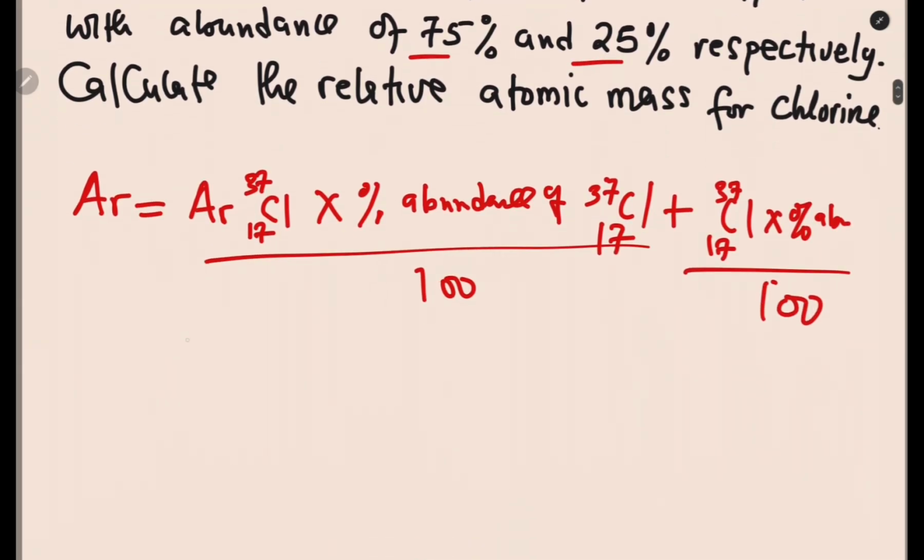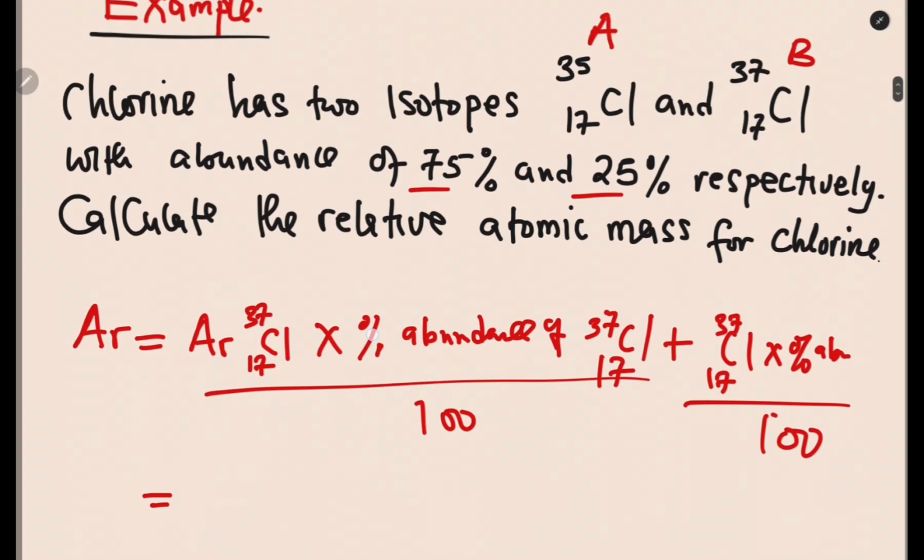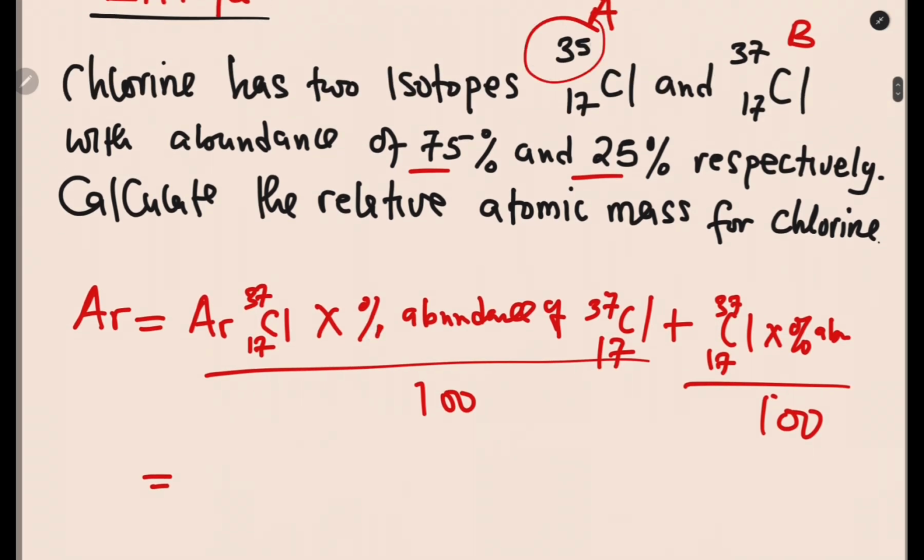Now where it comes to replacing, the relative atomic mass of chlorine 35 is just 35, so you are going to say 35 multiplied by the abundance. They are saying here 75, so the first one goes to this one, as there is respectively here.